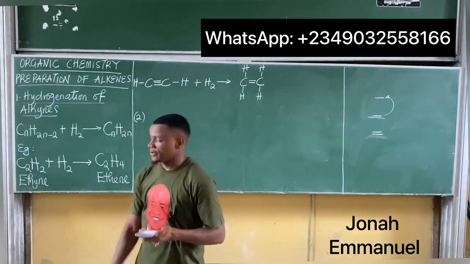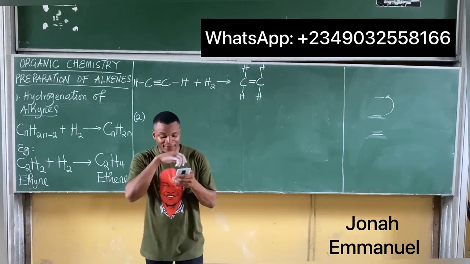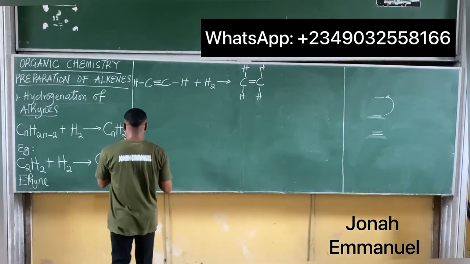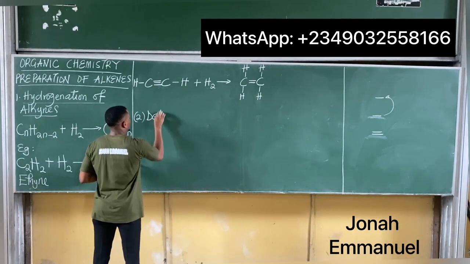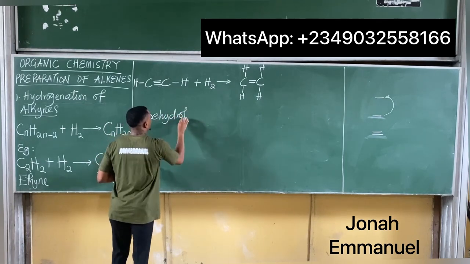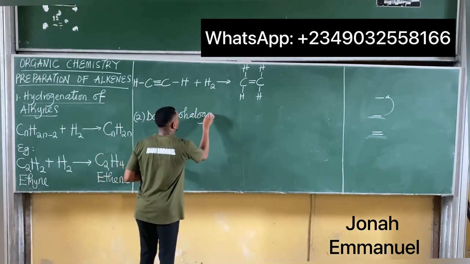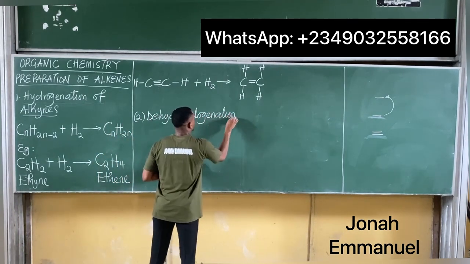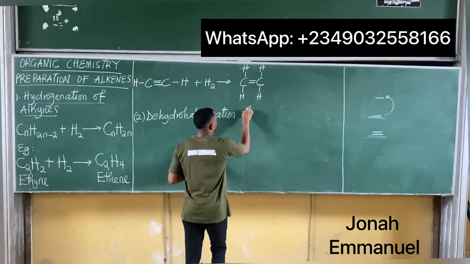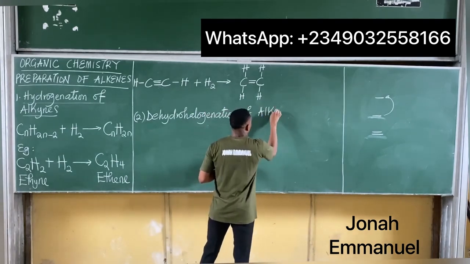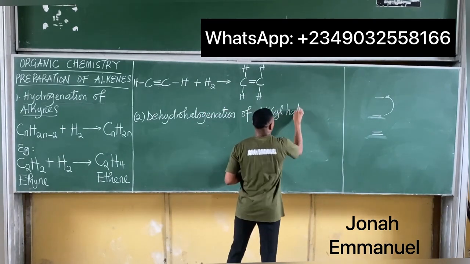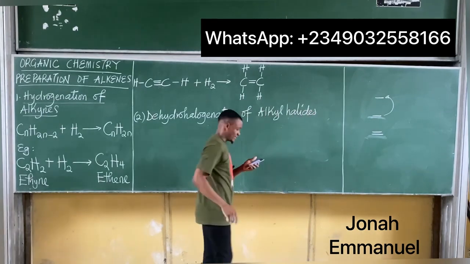Number 2 method of preparing alkenes is by dehydrohalogenation of alkyl halides.